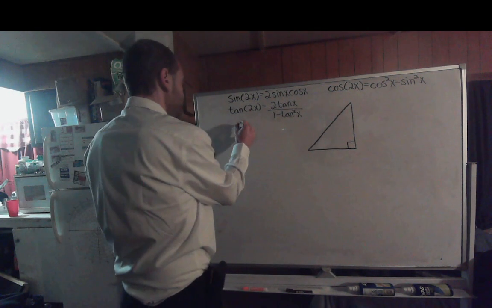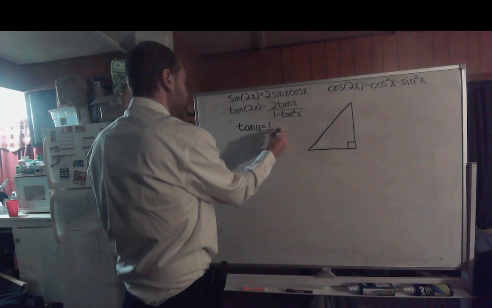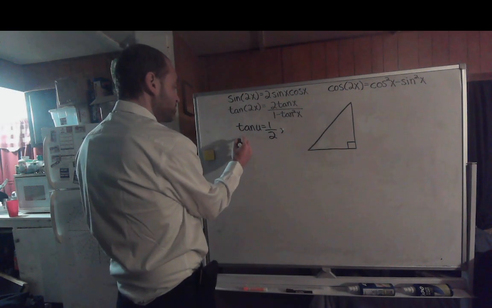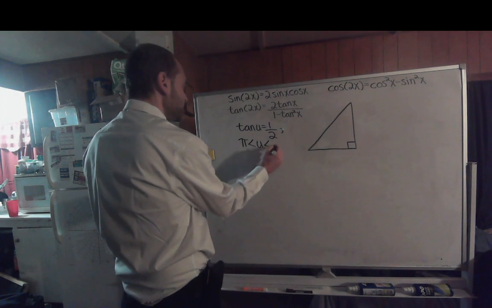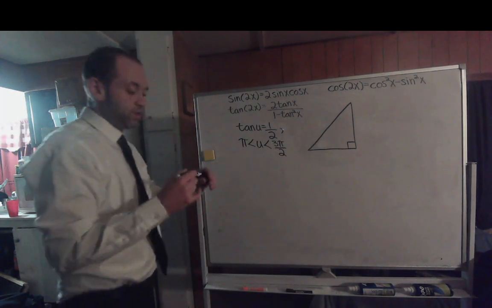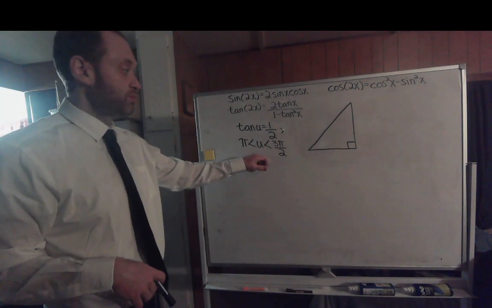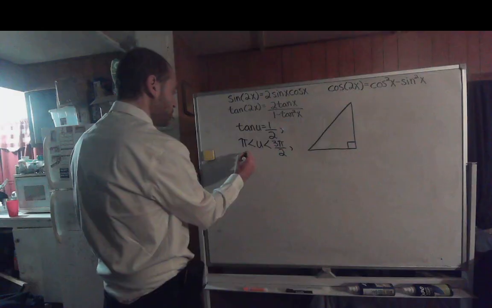We have that the tangent of u equals 1/2, and u is where pi is less than u, which is less than 3 pi over 2. Well, when pi is less than angle u and u is less than 3 pi over 2, that's describing the third quadrant.